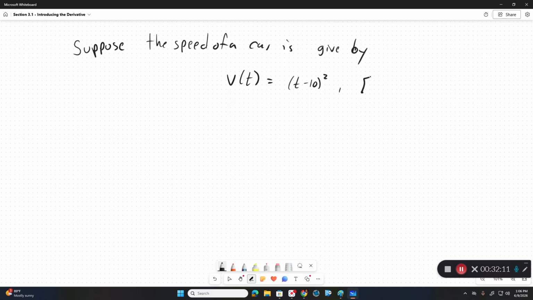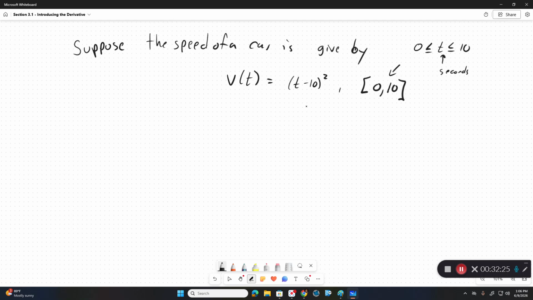So suppose the speed of a car is given by v of t, where the v stands for velocity, is t minus 10 squared on the interval 0 to 10. So notice this notation implies that 0 is less than or equal to t is less than or equal to 10. And I assume t is measured in seconds.